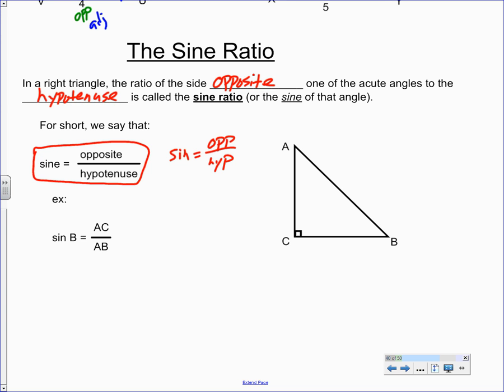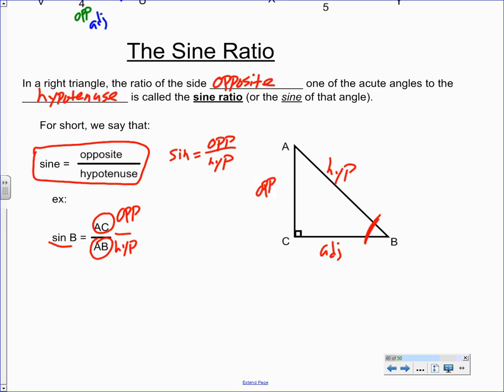So again, look at the example triangle. It's asking for sine angle B. So angle B is our reference. If we look at angle B, AC would be the opposite side, BC would be the adjacent side, and AB would be the hypotenuse. So this ratio AC to AB is the ratio of the opposite to the hypotenuse.